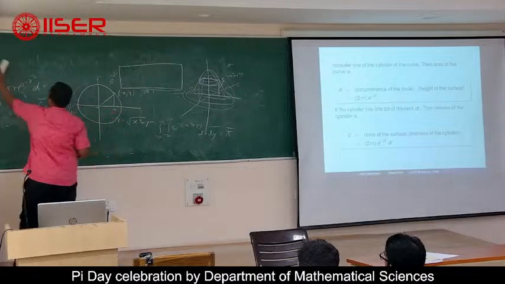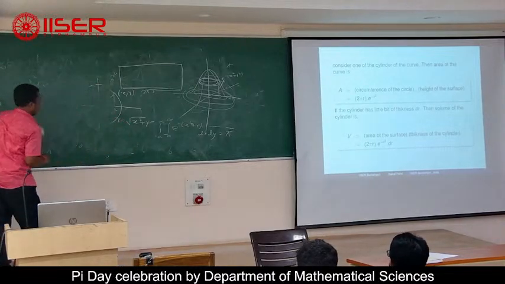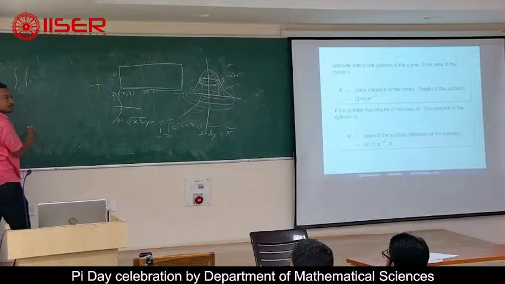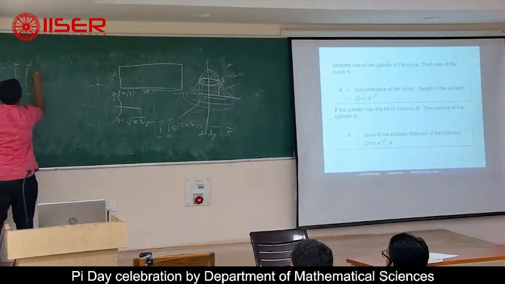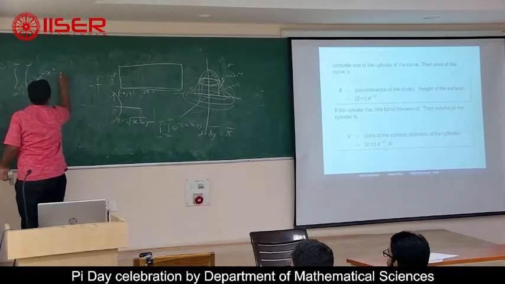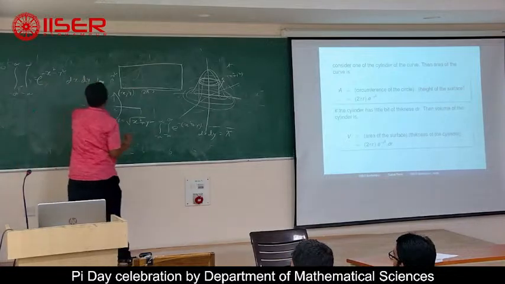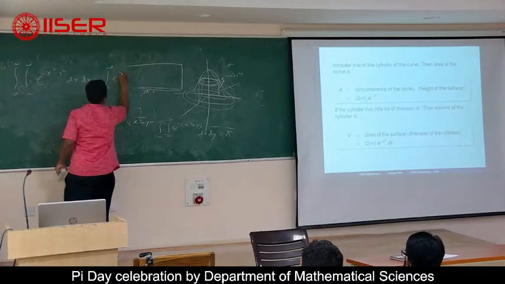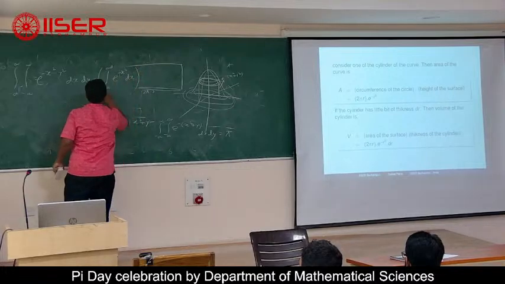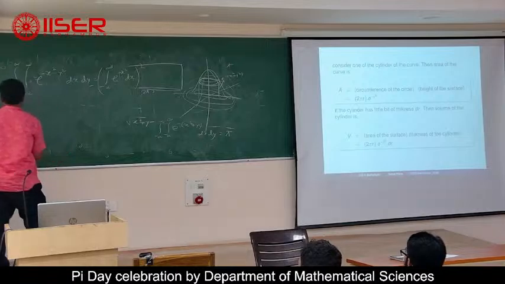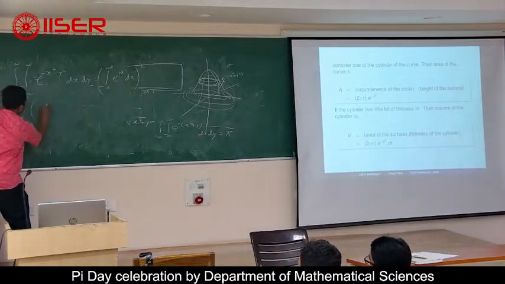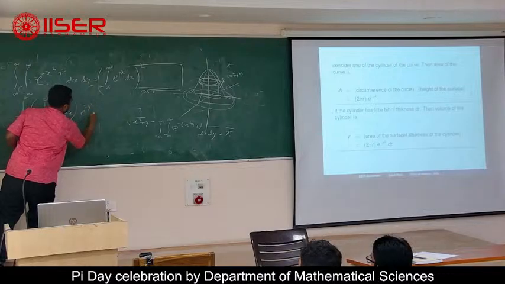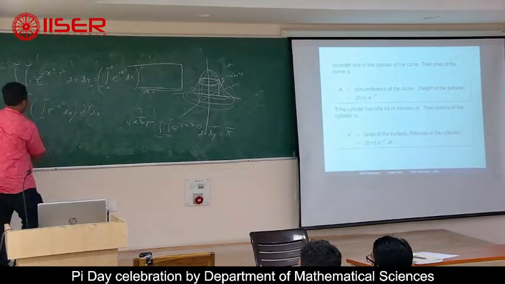Now we have to show that this equals the integral of e to the power minus x squared dx, whole squared, that is multiplied two times. This is the integral from minus infinity to infinity of e to the power minus x squared dx, which is independent of y.